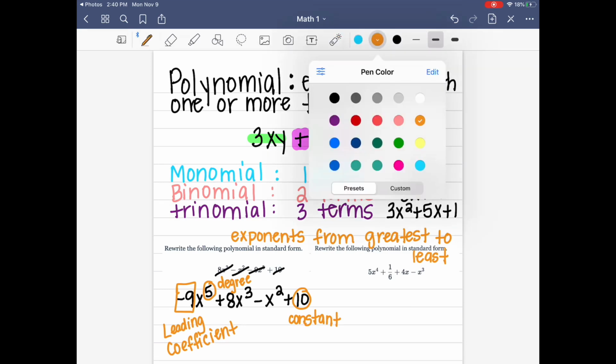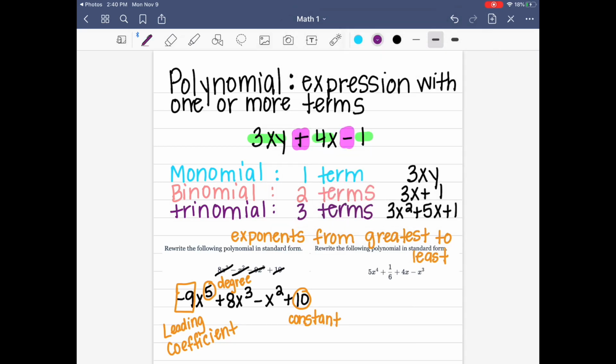All right, so if I do another example, for this one we have 5x to the fourth, that's going to be my largest. Then we have minus x to the third, then plus 4x plus 1/6. So again, I have my constant, that's going to be my 1/6, that's my number without a variable.